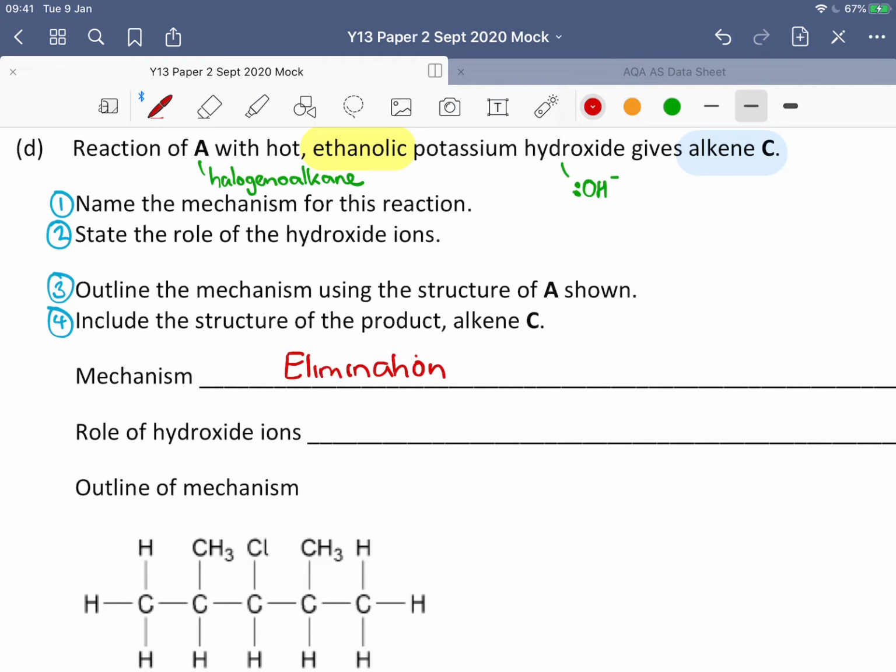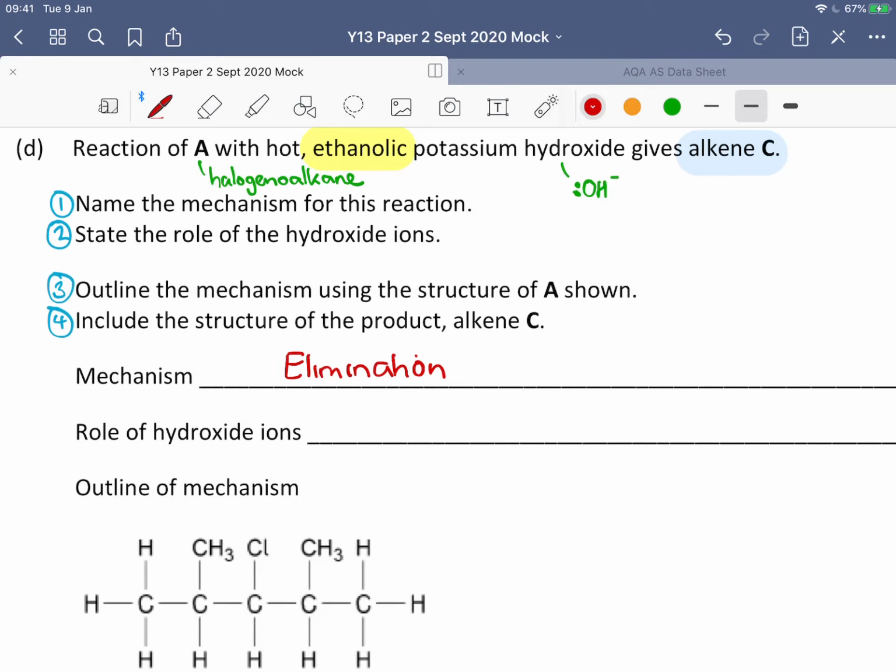Now, if you write nucleophilic elimination, you are wrong. If you add anything else to that elimination, you're wrong. So we've got to be very careful here. The only other thing you could have with your elimination is something that refers to the role of hydroxide ions, which we're going to talk about now.